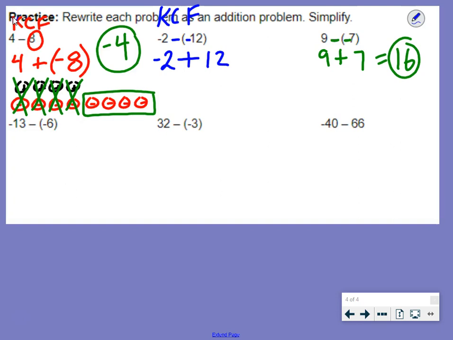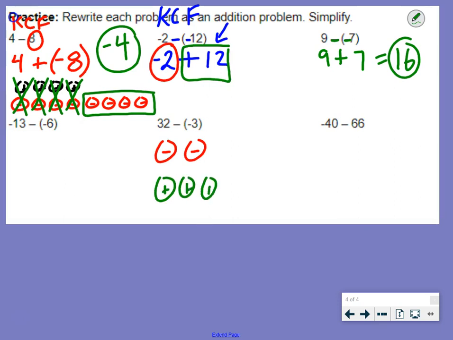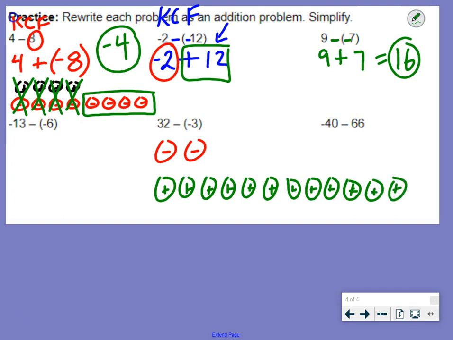-2 plus 12. We come back to this problem right here in the middle, -2 plus 12. If we want, we can draw ourselves a picture. We can use the integer tiles. -2 would be 2 negative dots. +12 means we're adding to that 12 positive numbers. 2, 4, 6, 8, 10, there's 12.